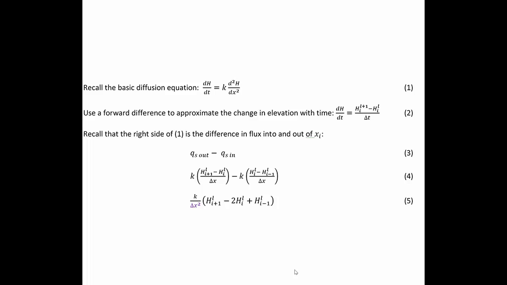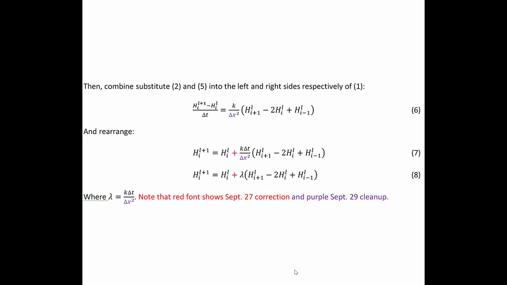Then we can simplify: we pull the k's to the left, and delta x squared is a constant, and then these elevations. So we take those two, equations 2 and 5, and plug them respectively into equation 1, and then we simplify and rearrange to solve for the future elevation, h sub i at l plus 1, as a function of all the current elevations.